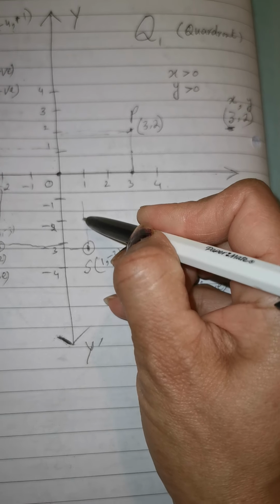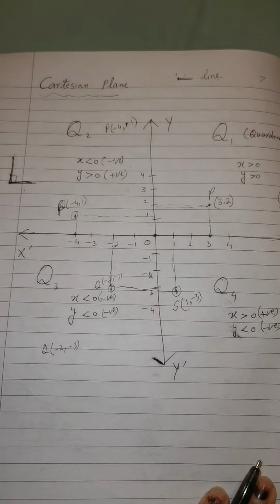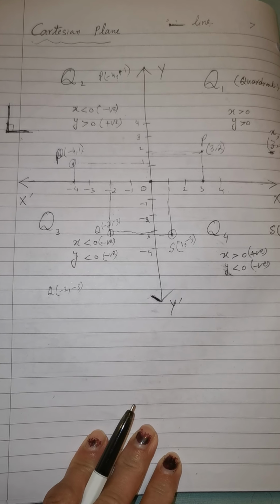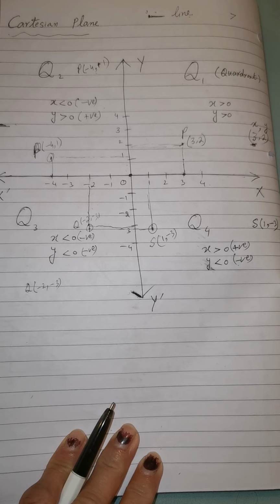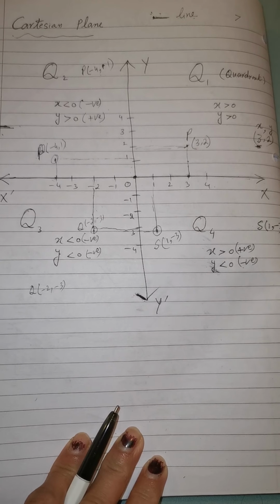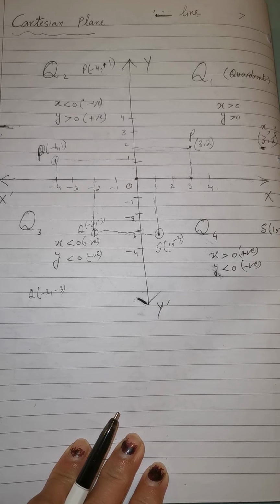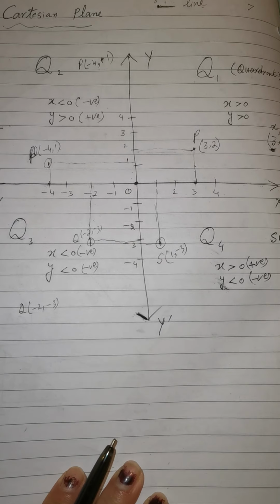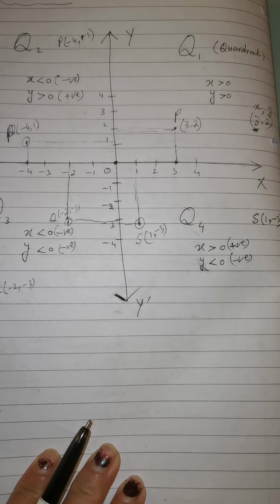In this way you can draw the points. So it's a very interesting, very easy thing. It is called the Cartesian plane, and I have shown you the Cartesian plane, how many quadrants we have, and in which quadrants x is positive and y is negative. You have to remember them, and then drawing the points will be very easy for you.